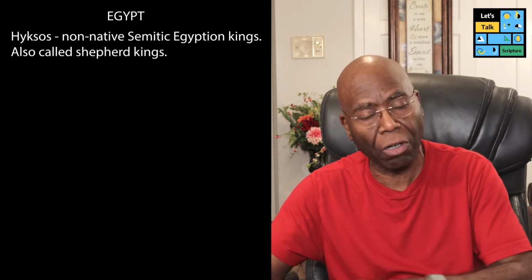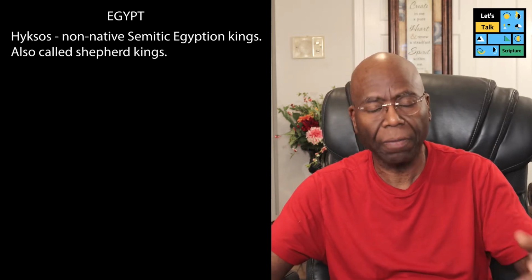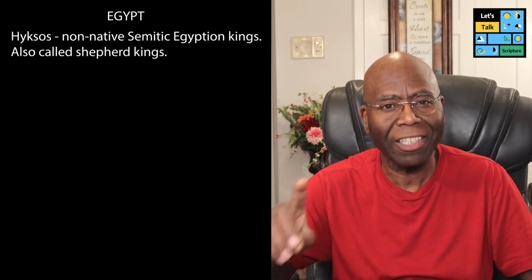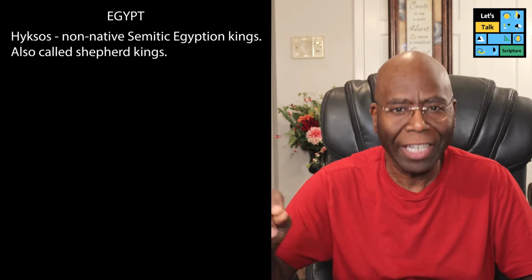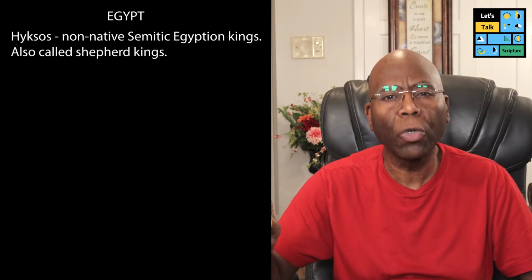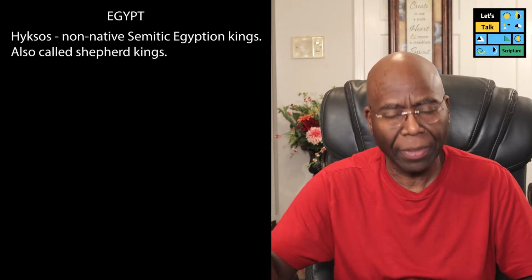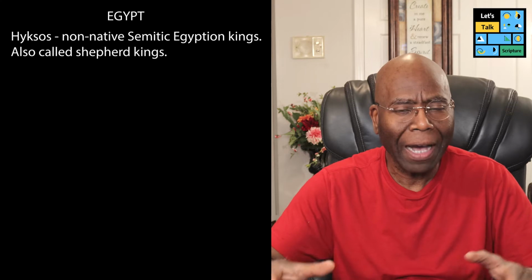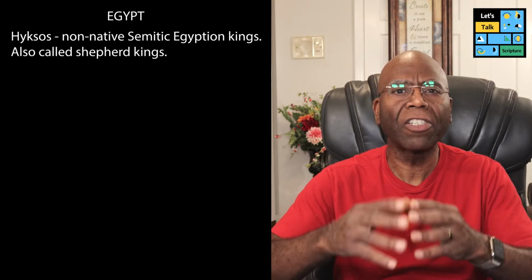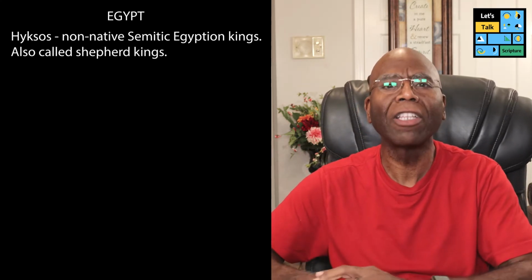Remember that in Genesis chapter 41, this was during the time when a Semitic group of people by the name of Hyksos had come to power over Egypt. Notice I said a Semitic group of people. They were the ruling dynasty over Egypt, these Hyksos. And therefore, Joseph came to power under one of these Hyksos kings. They were called the shepherd kings.